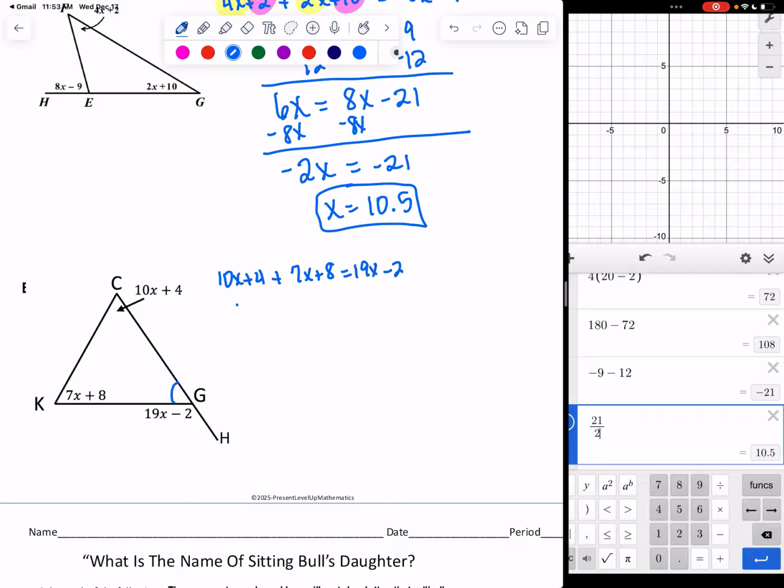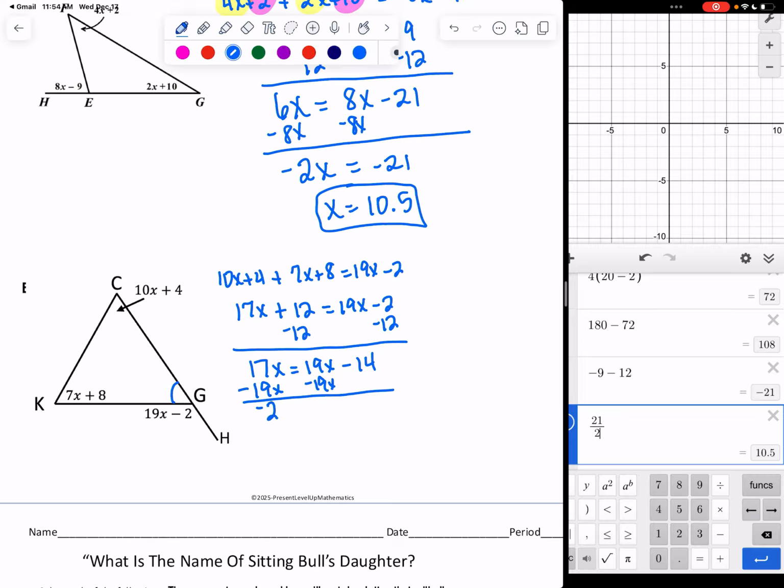So when I combine like terms, I get 17x plus 12 equals 19x minus 2. Subtract 12 from both sides. So 17x equals 19x minus 14. Then subtract 19x from both sides. So negative 2x equals negative 14. So x equals 7.